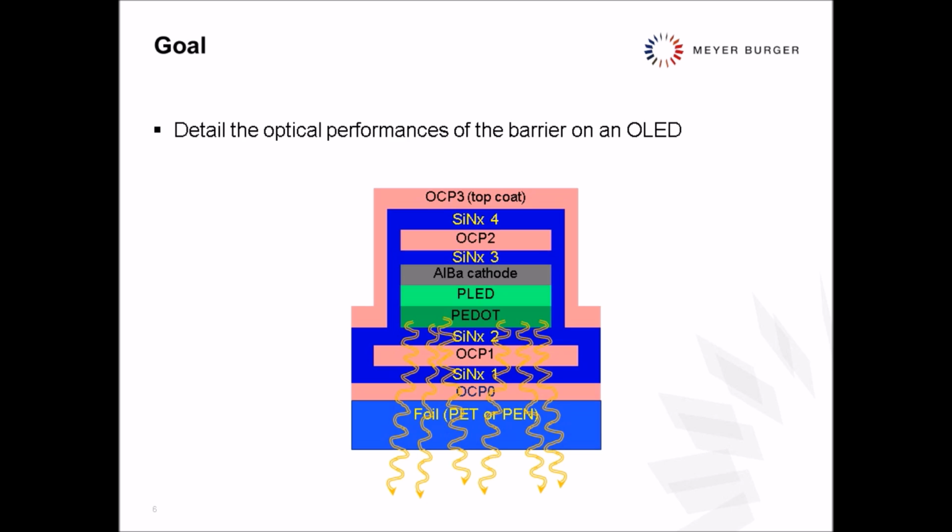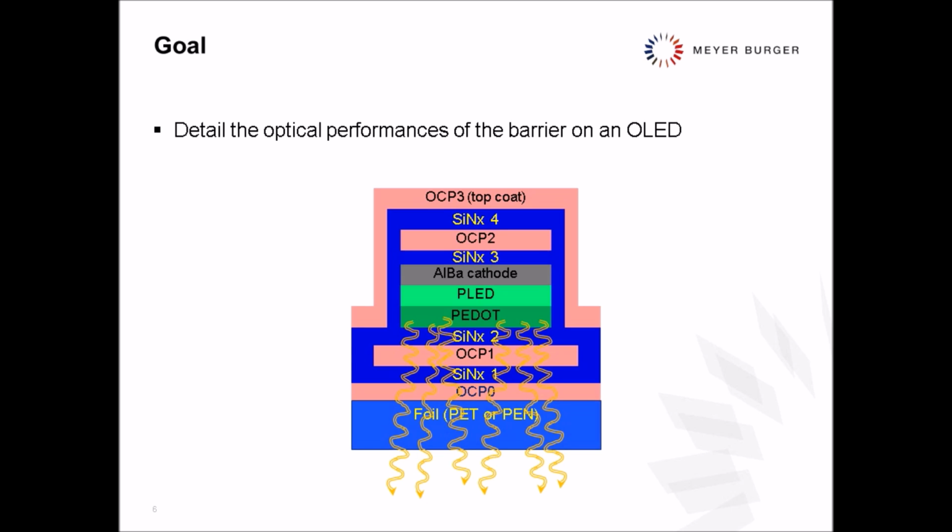Let's talk about the goal. What we want to do is to detail the optical performance of a barrier on an OLED. The OLED itself, as we see here depicted, similar to the previous slide, will have an OLED in the middle, and this OLED will shine toward the bottom.